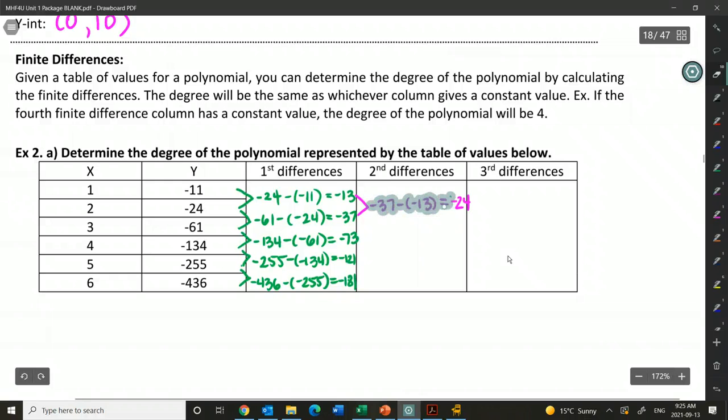Actually, let me make this a little bit smaller here. Okay, negative 73 minus negative 37.